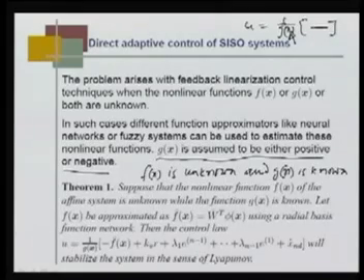Then the controller u equal to 1 upon g(x) times minus f hat(x) plus k_v r plus lambda_1 times the (n-1)th derivative of the error, and so on, plus lambda_(n-1) times the first derivative of the error, plus x_n^d dot, will stabilize the system in the sense of Lyapunov. So, if this is my controller, we can show that the system will be stabilized.